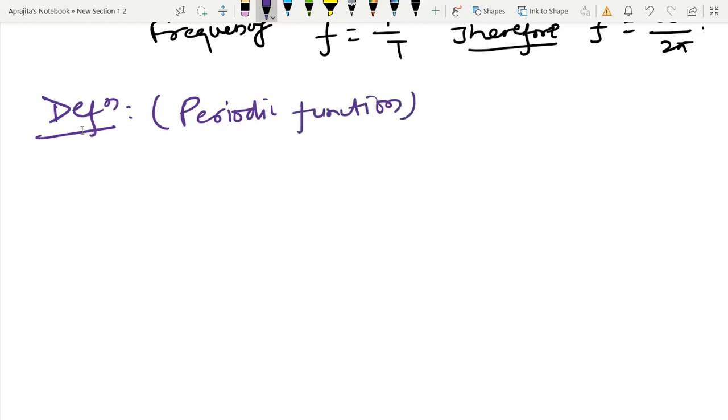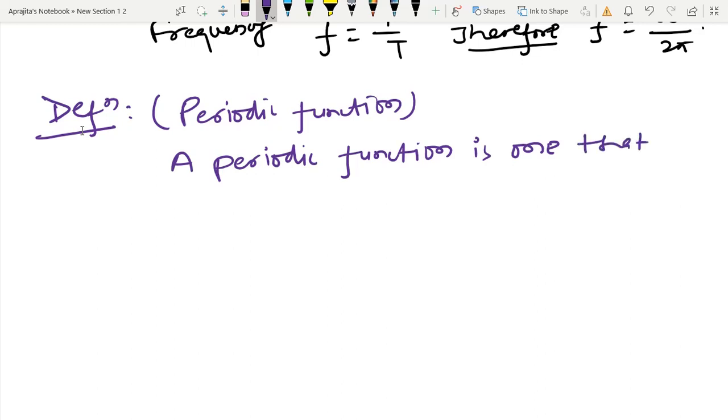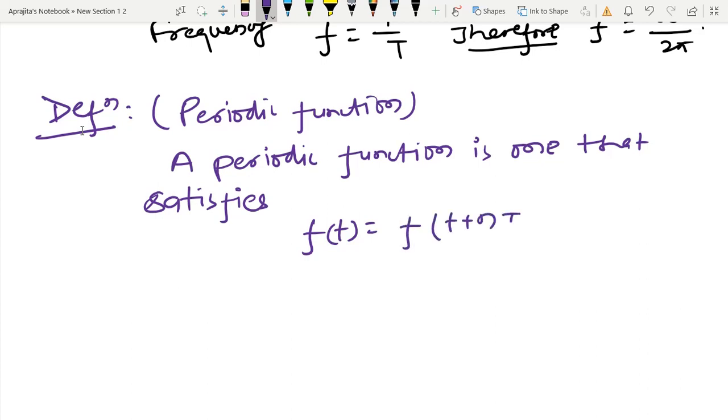A periodic function is one that satisfies f(t) equal to f(t plus nT), where n is some integer.